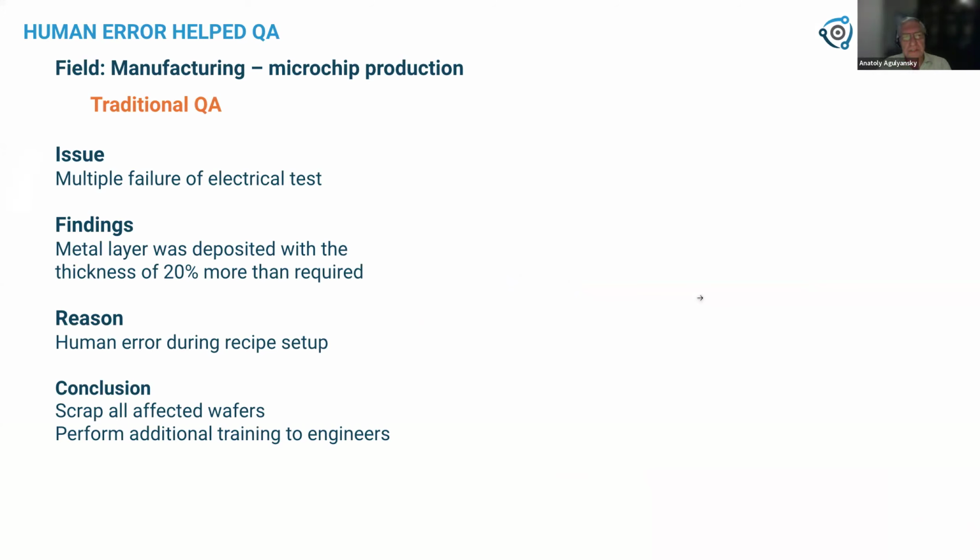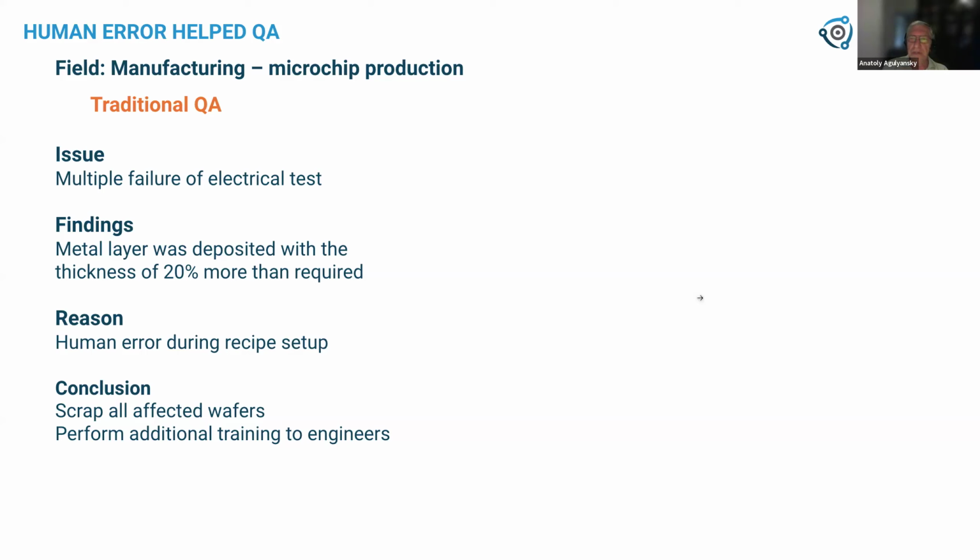So this is an example from microchip semiconductor manufacturing. Some wafers fail electrical test. And as QA said, we found the root cause very fast. The root cause is a mistake, a human error.